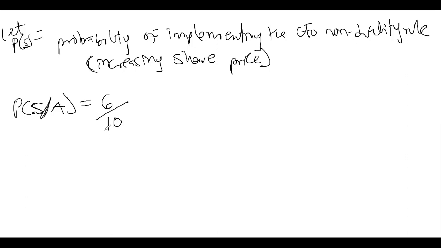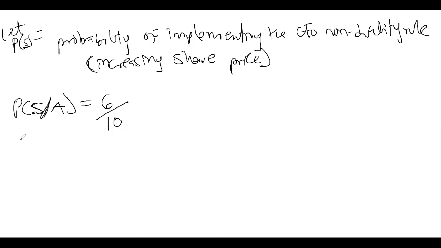But here, the question is specifically telling us that 6 of the 5-star firms have increased their share price. So it's 6 out of 10, because 6 firms have increased their share price based on the fact that they are 5-star. So it's 6 based on the fact that they are a total of 10.